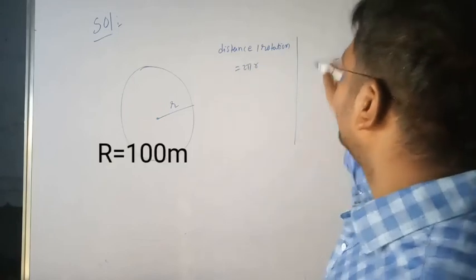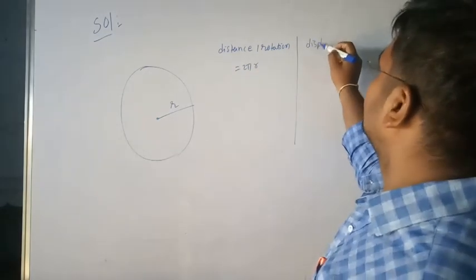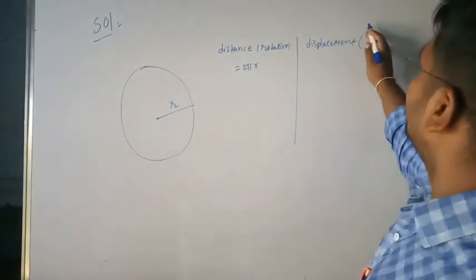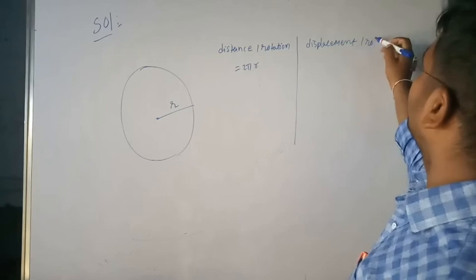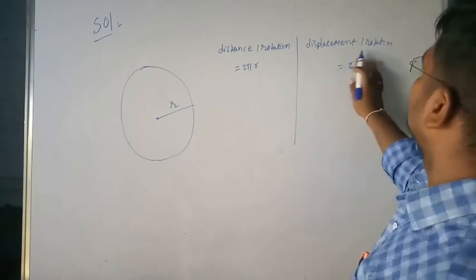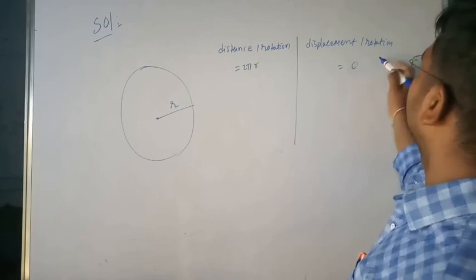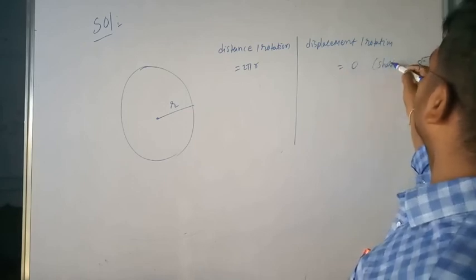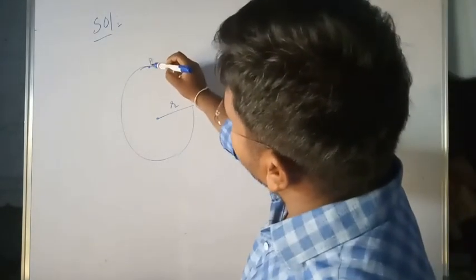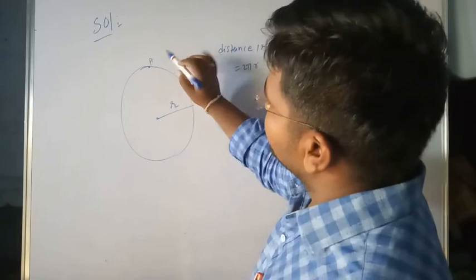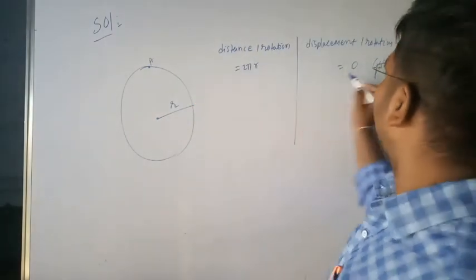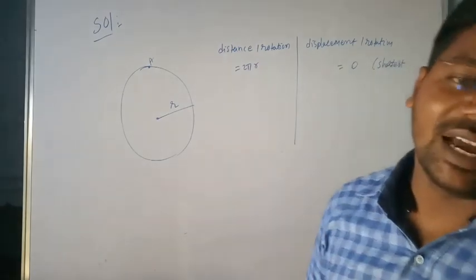Displacement in one rotation is 0 because it is the shortest path. Here, if the particle starts at A and ends at A, the distance is 2 pi r. Here displacement is 0. Okay, understand?